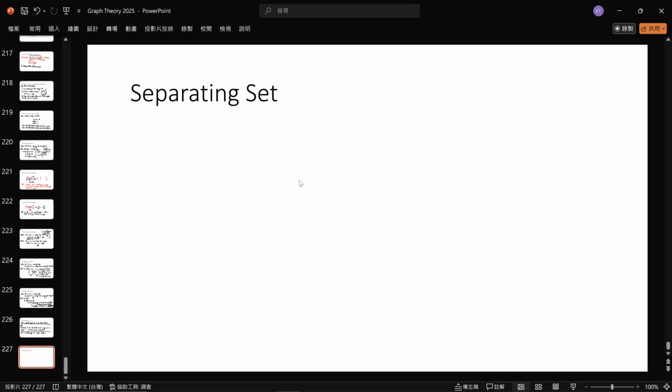Next, I'm going to define the separating set. A separating set can be a set of vertices or a set of edges. The concept is that once you remove this separating set from a graph, the graph is disconnected.